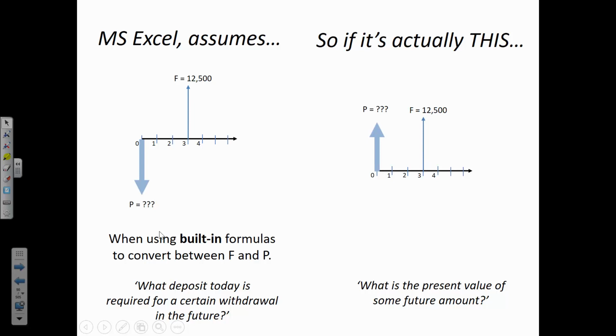Actually, most of the time in this class, we're going to be asking Excel to not change the sign. The built-in functions automatically change the direction from an inflow to an outflow, so we're going to have to manually override that in a lot of cases by putting a negative sign into the equation. Sometimes what we're going to be solving for is the present value of some future amount. That's the most common thing we're going to be doing. And so we have to manually put in a negative sign.